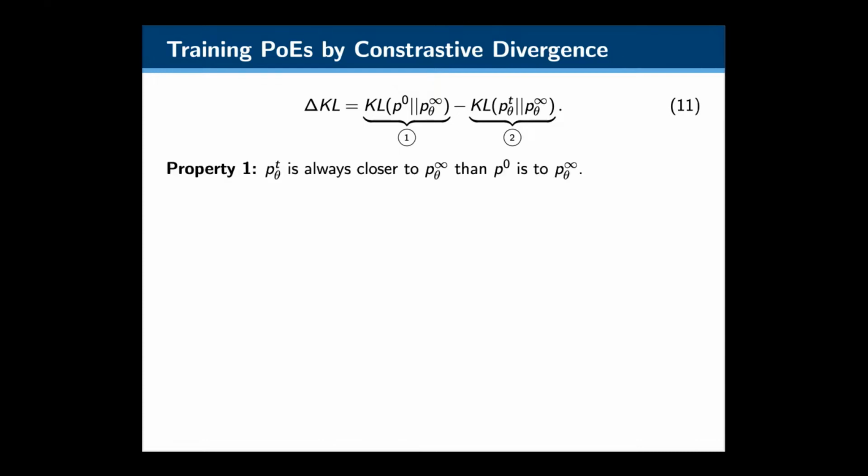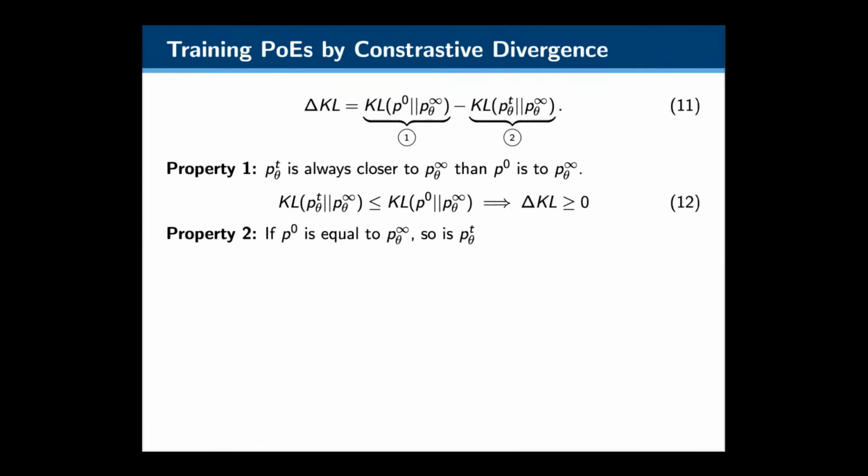The first property is that PT, by virtue of running Monte Carlo, is always closer to the stationary distribution than the initial distribution. So intuitively, if you start at time 0 and run your Markov chain, at any point downstream you'll be closer to the stationary distribution than what you started out with. That means the first term is always greater than the second term, which means this objective is always non-negative.